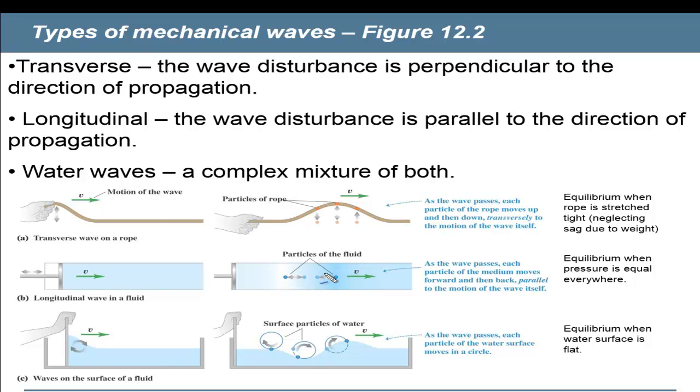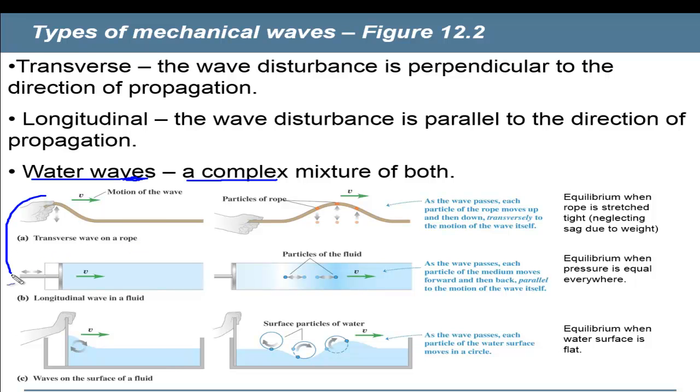And then finally, we have water waves. We'll just call them water waves; they don't really have much of a name other than that. In general, they don't have another name. But a water wave is a very complex mixture of both a transverse wave as well as a longitudinal wave.